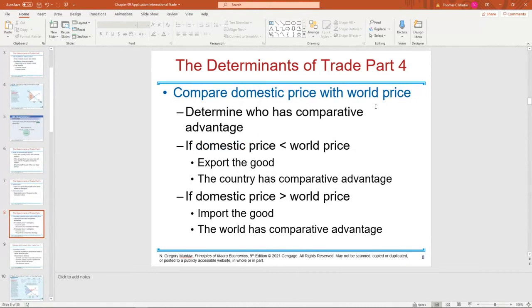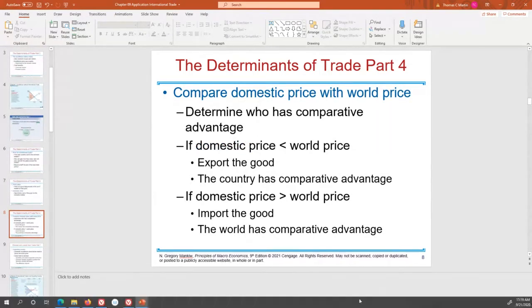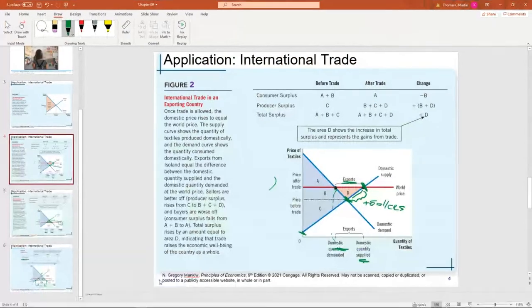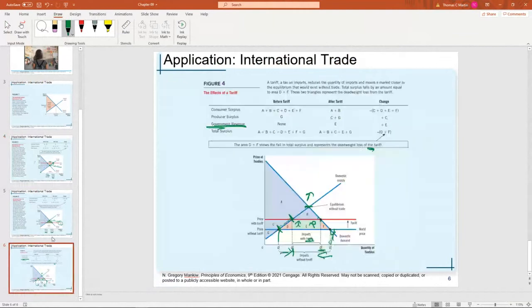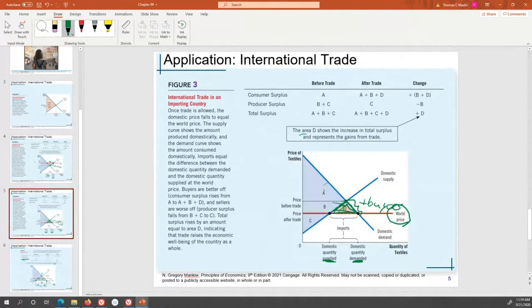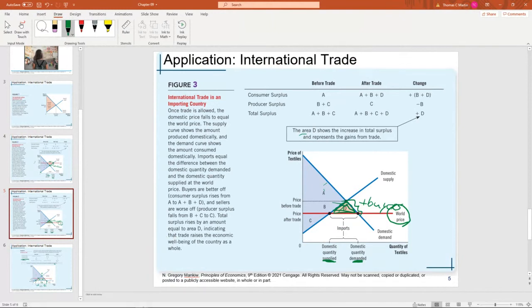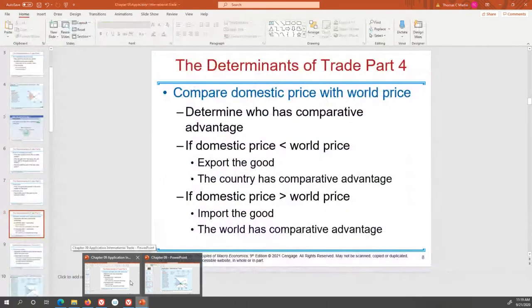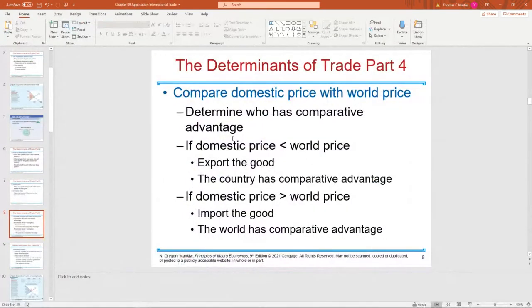Compare domestic price with world price. He said we're consumers. And if we see a situation where the world price is below, we're going to import those goods, and the consumer's going to appreciate that additional product at the lower cost.